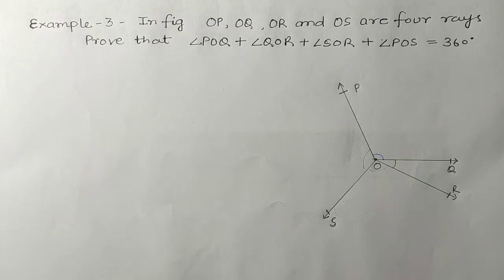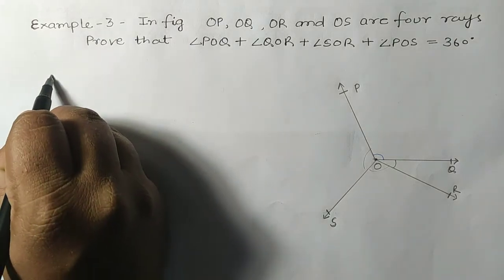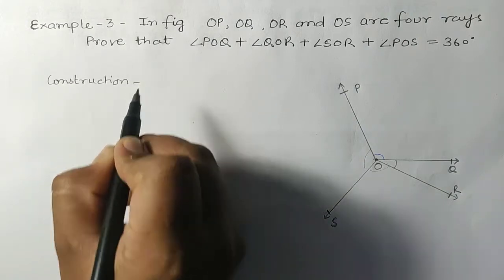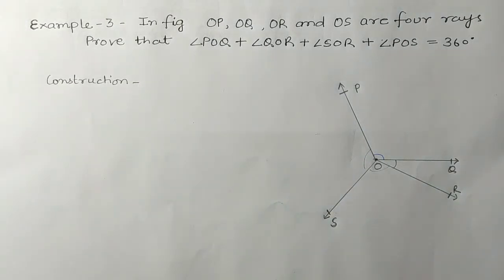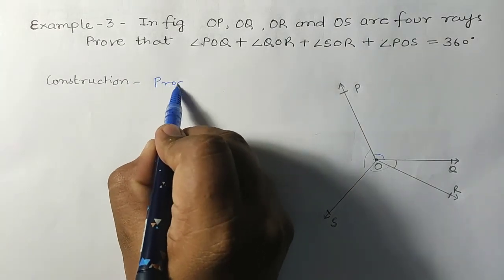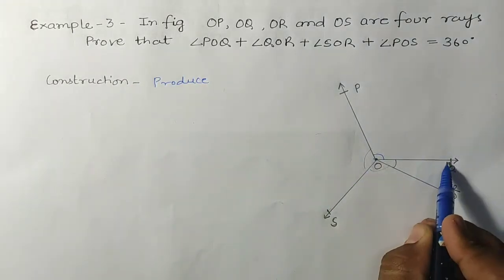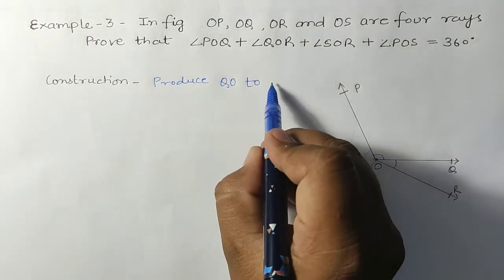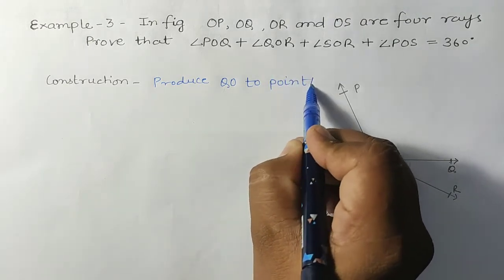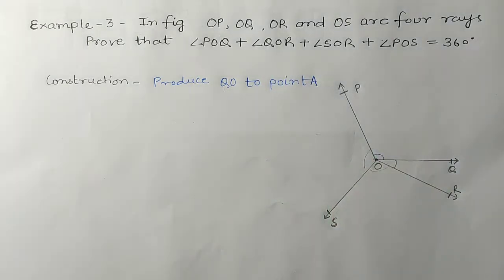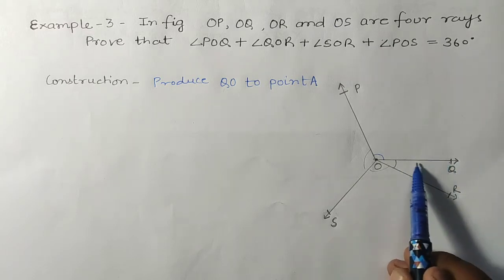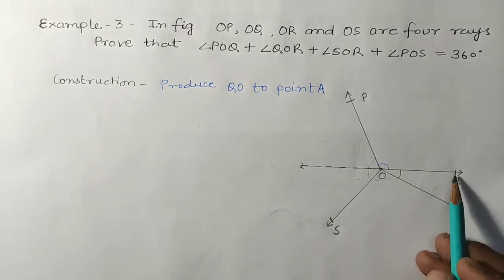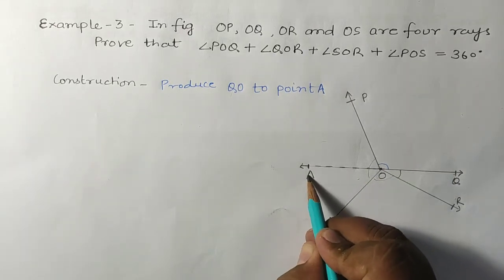We'll write in the solution part, construction: we'll produce QO to, suppose, point A. Means we are going to extend this ray till point A like this. Suppose QO is produced to point A.